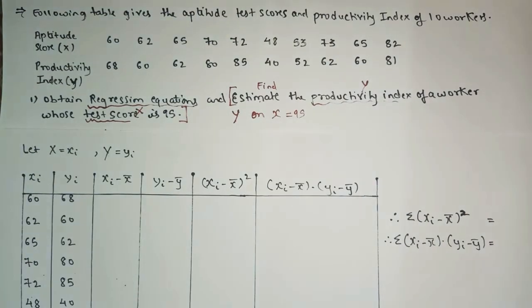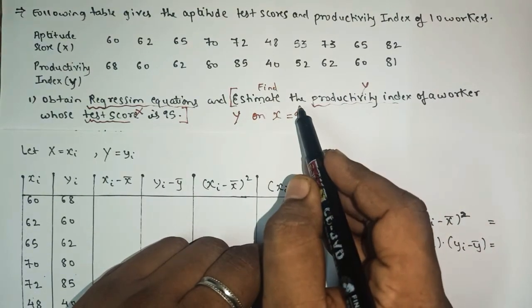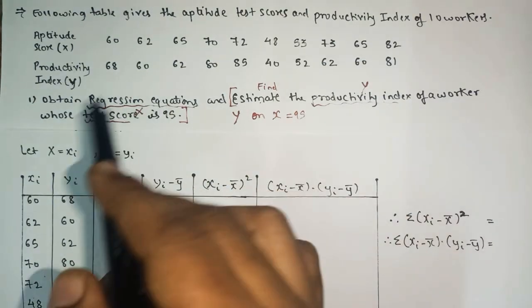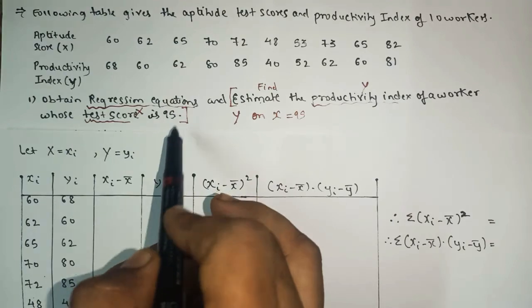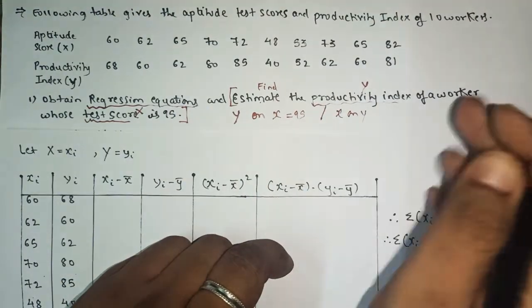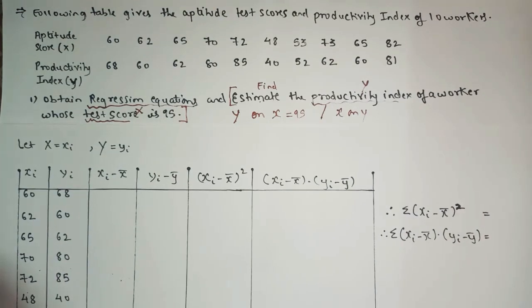So for this sum we have to find y on x. If it said to estimate the test score of a worker whose productivity index is 95, then you would have to find x on y. So, understood how to guess whether we have to find x on y or y on x.